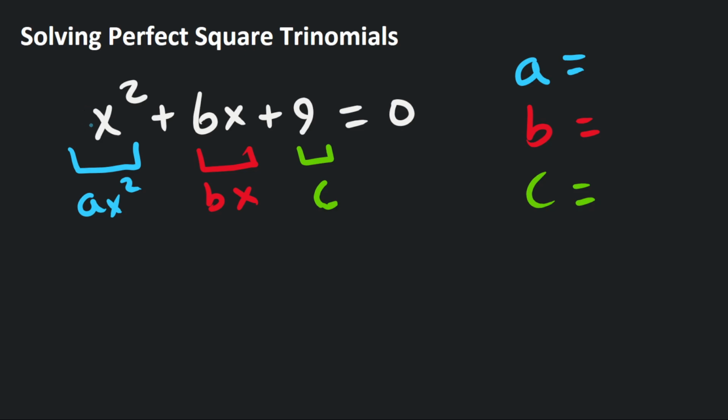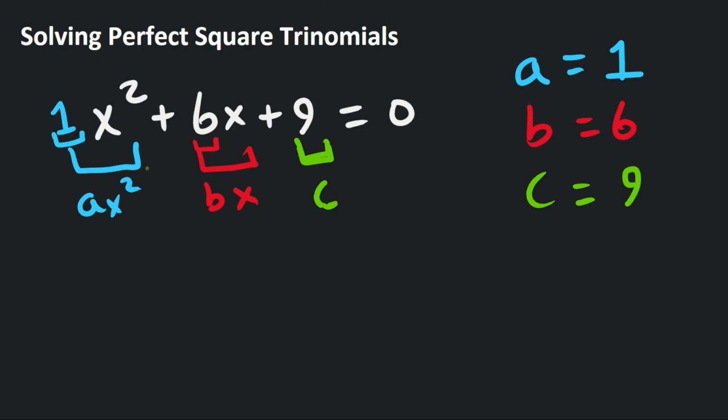For a, there is nothing in front of the x squared term, which means the coefficient is always 1 times x squared, so a is 1. What is b? As you can see, bx is 6x, so b is 6. And what is our c? It is simply this 9 right here. So 1, 6, and 9.